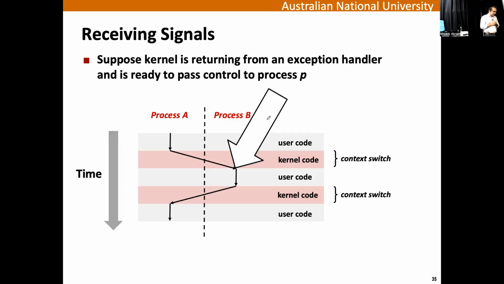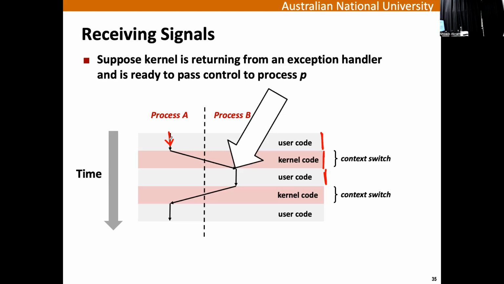So there's an important thing. The kernel needs to do some work to deliver a signal to a user process. Now, how does this happen? The user code here, once again, this is user code, this is kernel code, this is user code. So when user code is running, the kernel doesn't do anything special to notify the program of any signal.